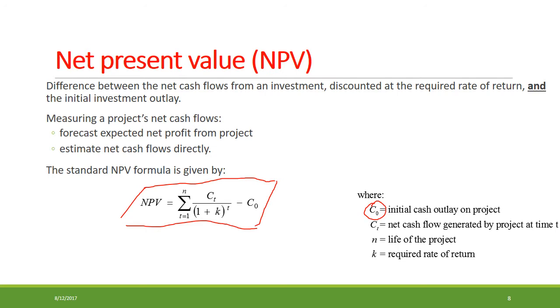So today we invest $1 million, for example, in PHP, right? CT are the future cash flows. N is the life of the project, and K here is the required rate of return, the discount rate that we use to discount the future cash flows.